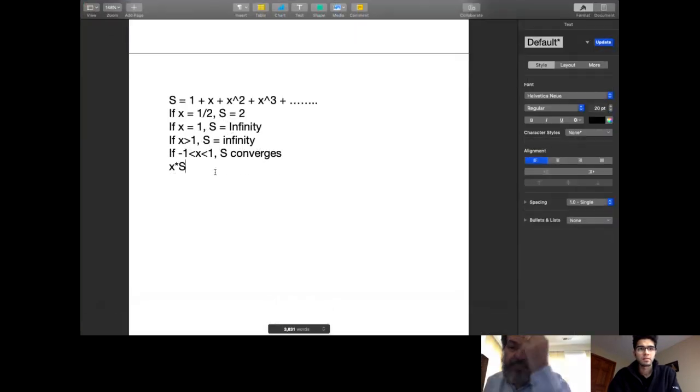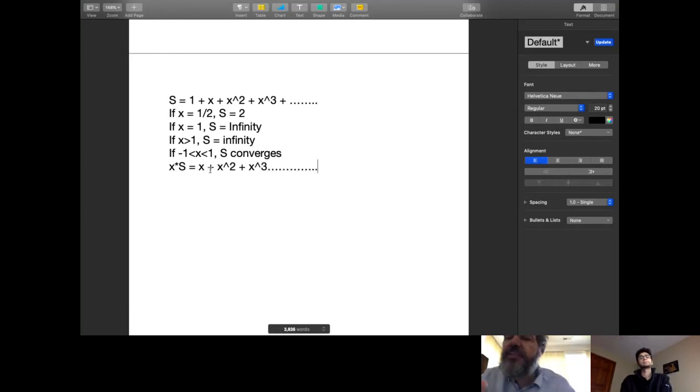So I multiply by x as he did, and I have the following. Each of these numbers is multiplied by x. So 1 times x is just x, plus x times x is x squared, plus x cubed, plus, and so on.